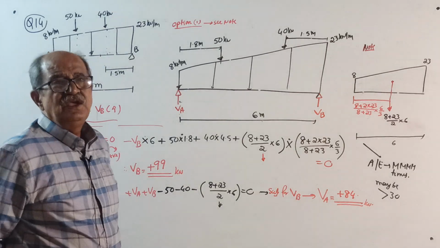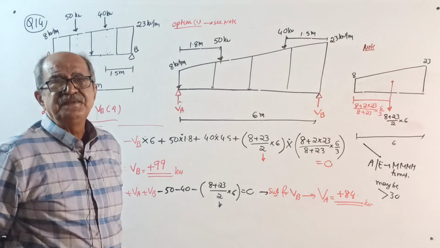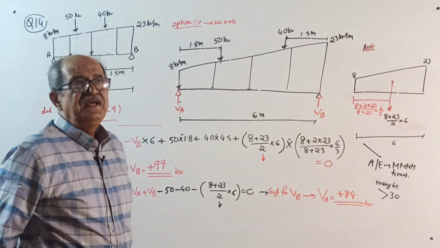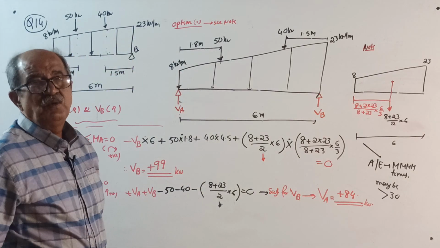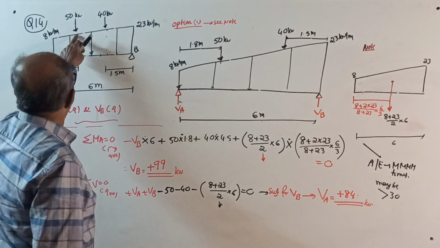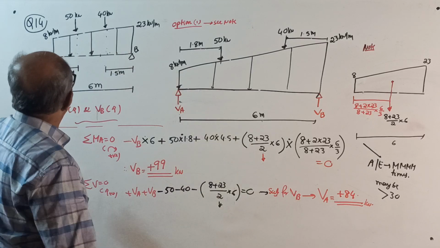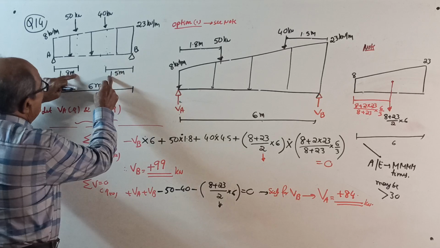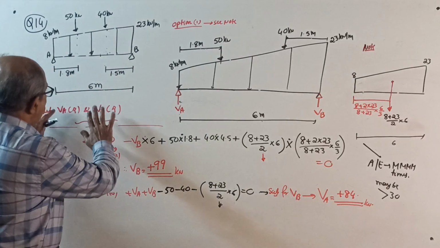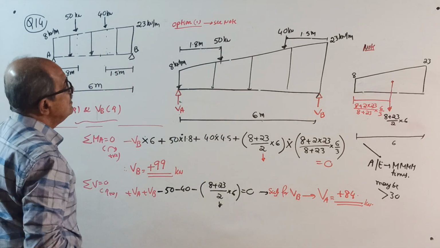Or they can tell uniformly varying load represented by a trapezium with the intensity of 8 and 23 at left and right end respectively. Okay. Now, along with the 2-point loads of 50 kilonewton and 40 kilonewton at 1.8 from left end, 1.5 from right end. Okay. Write all this one, usual statement.